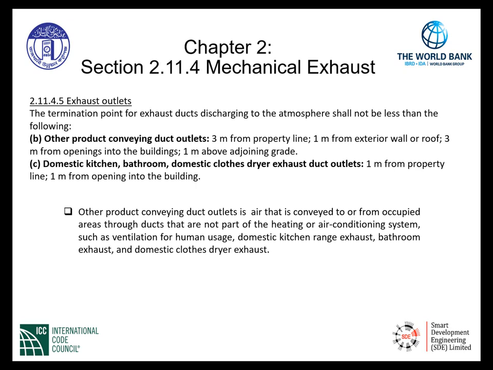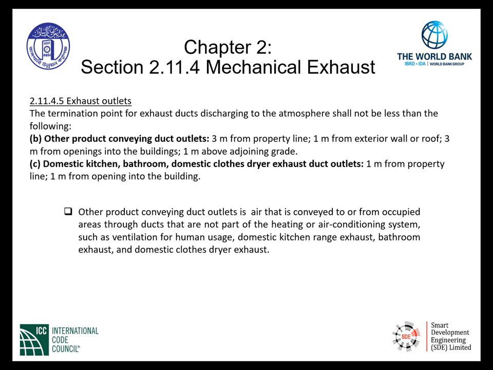Other product conveying duct outlets is air that is conveyed to or from occupied areas through ducts that are not part of the heating and air conditioning system, such as ventilation for human usage. As seen here, we have domestic kitchen range exhaust that could possibly be considered, as well as bathroom exhaust and domestic clothes dryer exhaust.